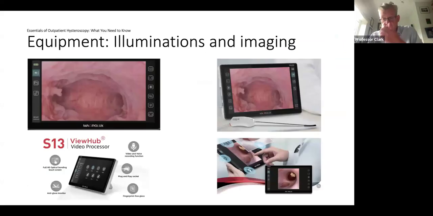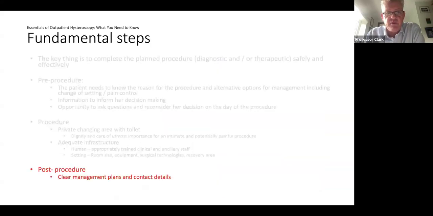And then you need good illumination systems. So we do use stacks, and you can link things like the Macrolux systems to stacks, but the beauty of these is they are portable as well. It comes with little iPad-type screens that allow portability and give fantastic imaging. So that's really important.